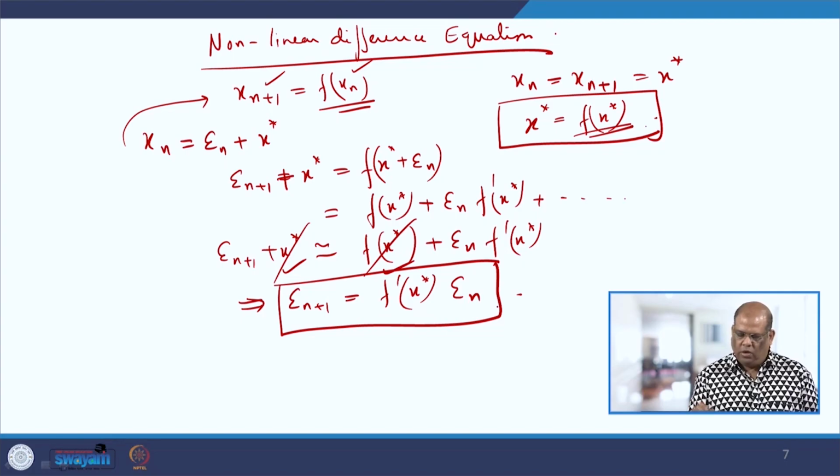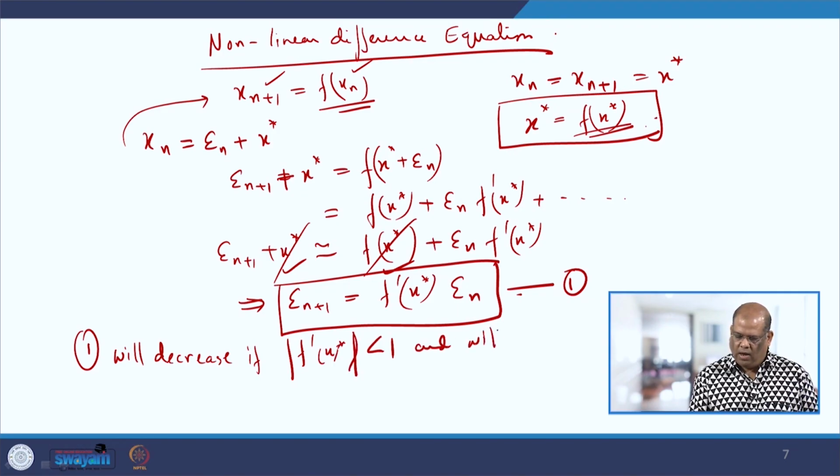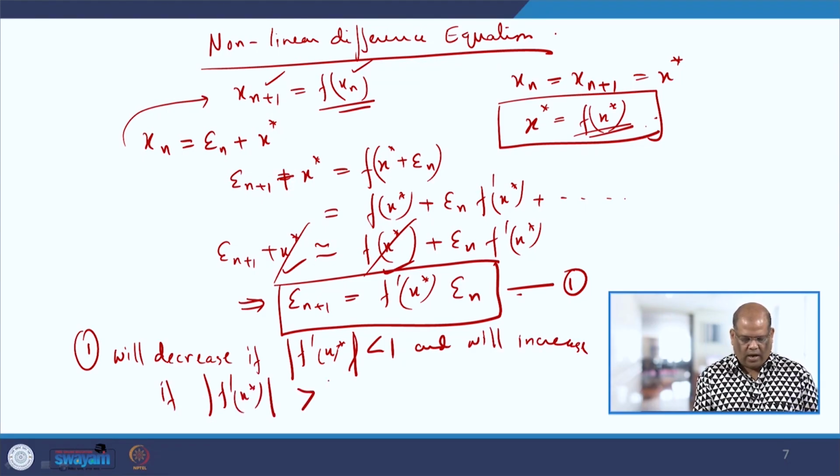Now, this solution, I name it as 1, will decrease if mod of f dash x star is less than 1 and will increase if mod of f dash x star is greater than 1, and there is no definite conclusion if we get mod of f dash x star equal to 1.